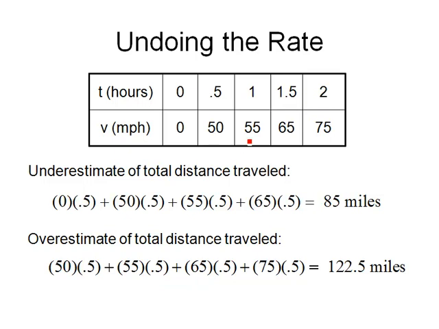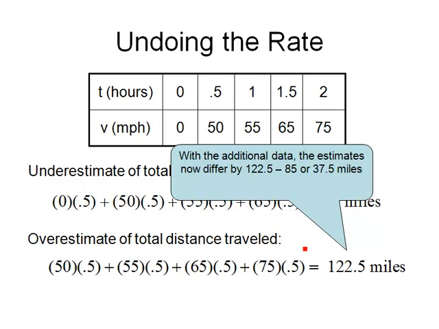And over the next half hour, I'm going to choose 65 for a half hour. And then for the last half hour, I'm going to choose an estimate of the speed of 75 miles per hour for a half hour. When I add all of that up, I now get that the estimate is 122.5 miles. Because I've been picking the higher speeds from each interval, this is an overestimate of the total distance traveled.